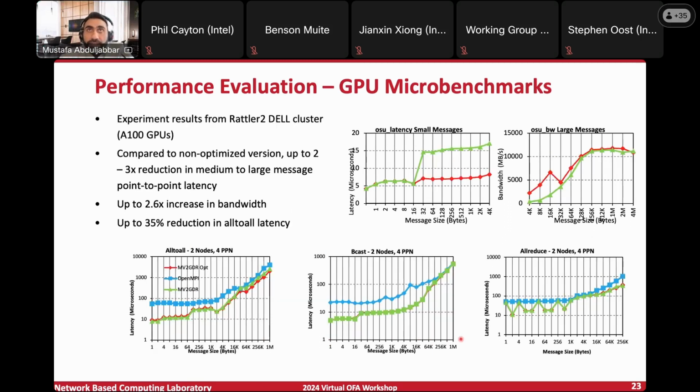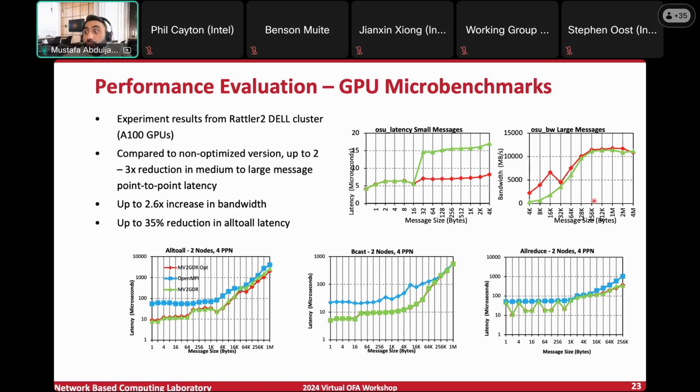And I will just give a glimpse of our GPU-related numbers. Hopefully in future talks we'll cover these in more detail, but in the interest of time, I will just discuss the benchmark level evaluation. Compared to the non-optimized version for MVAPICH, we're getting 2 to 3x reduction in medium and large message point-to-point latency, and we can see that on the figure on the top left corner.